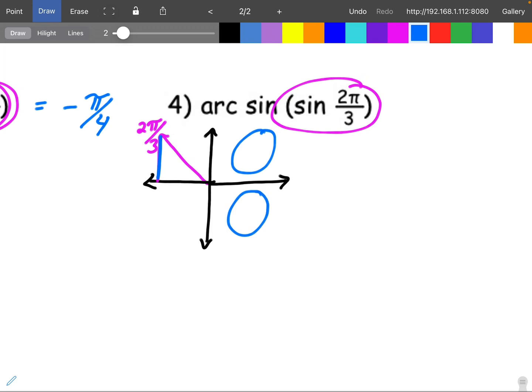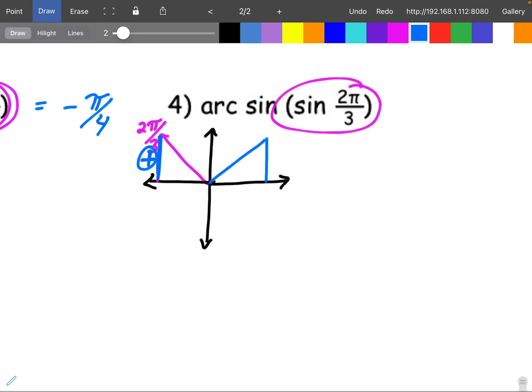So would that be in quadrant 1 or would that be in quadrant 4? Well, for 2 pi over 3, that's going to be a positive y value. Sine is y, and it's positive in quadrant 2. So in quadrant 1 or 4, the only one of those that would have a positive sine value would be quadrant 1. So we're going to have an equivalent triangle in quadrant 1.